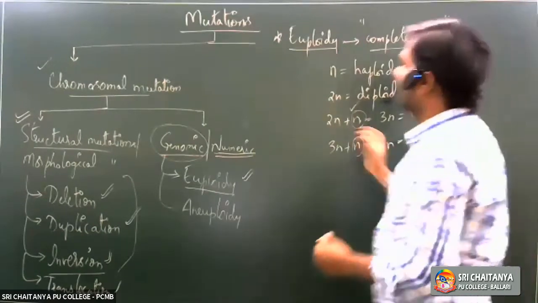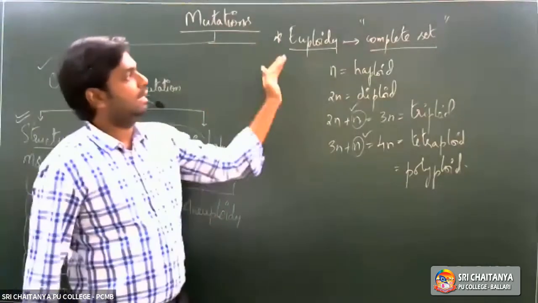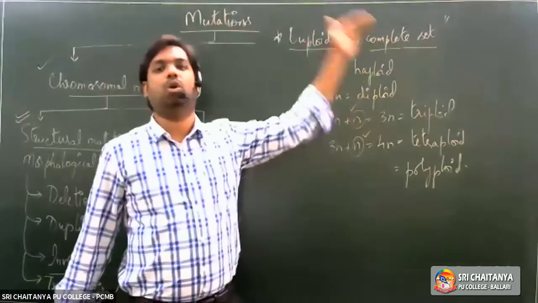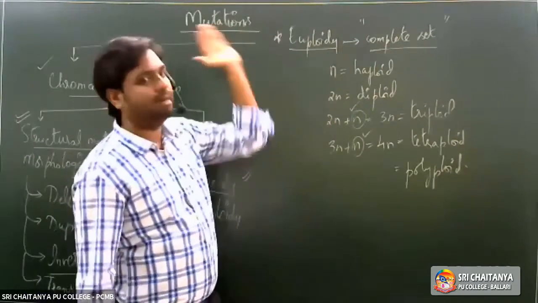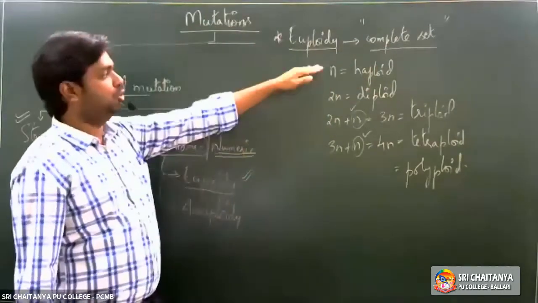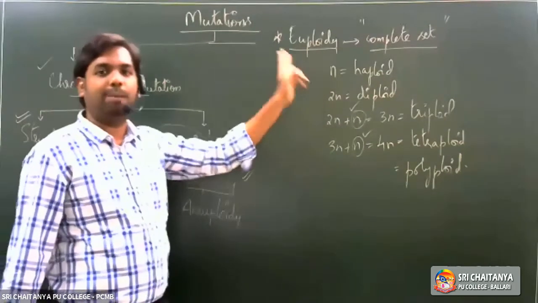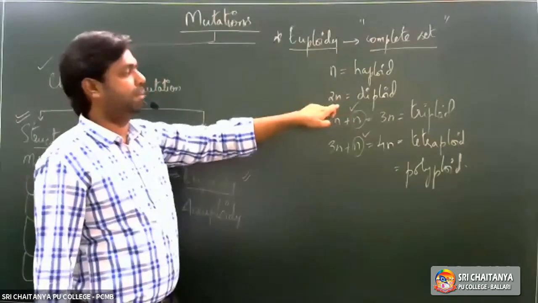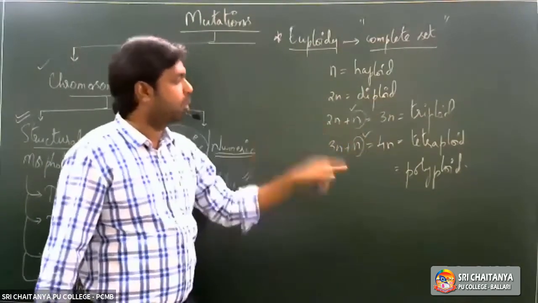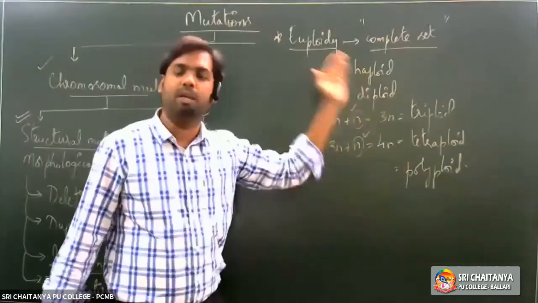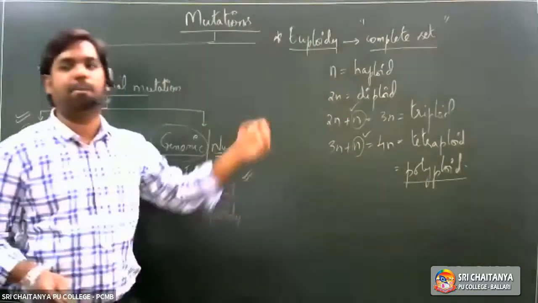This is the type of genomic mutation where there is an increase in the complete set of chromosomes. One set is added because of this mutation. Initially, if there is only one set, it is haploid. To the haploid, if one more set is added, it becomes diploid. To the diploid, one more set, triploid. Triploid, one more set added, tetraploid. Then it goes on like that, and we simply use the term polyploid or polyploidy.